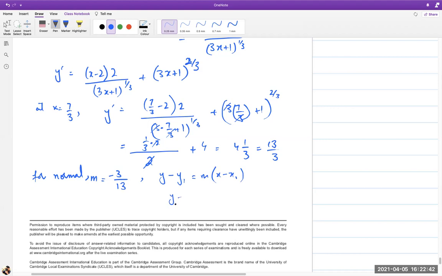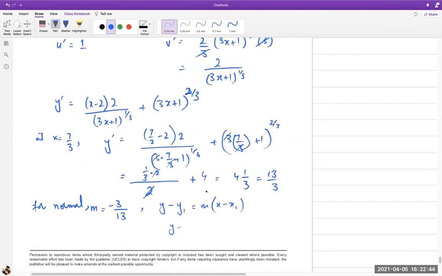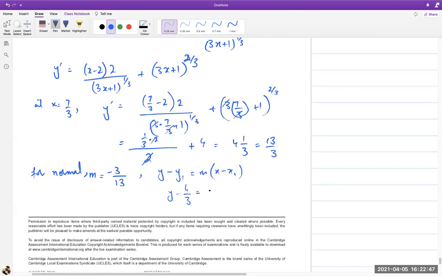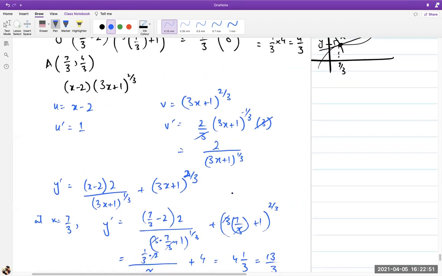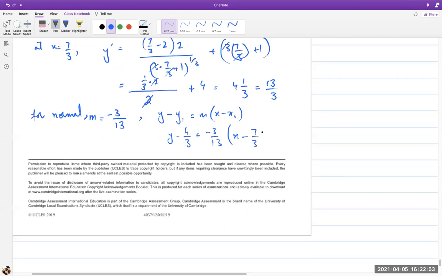Now I know that y1 is 4 by 3, which is A. So 4 by 3 with m, which is minus 3 by 13, x minus 7 by 3, which is my point for x. And that will lead me to y equal to minus 3 by 13 x plus 7 by 13 plus 4 by 3. And whatever value I get over there, that's my y-intercept. So that's probably going to be, I don't know, a big value.